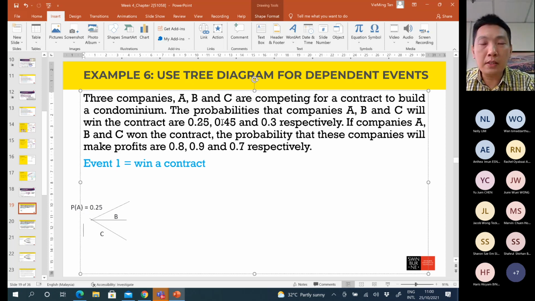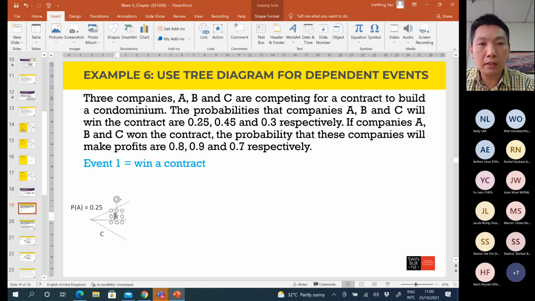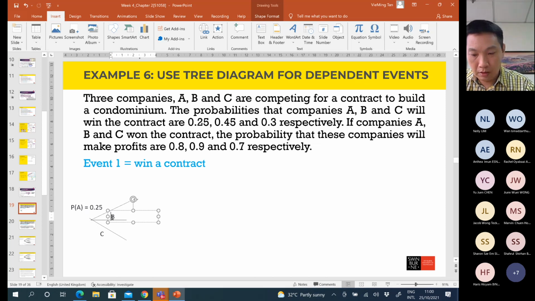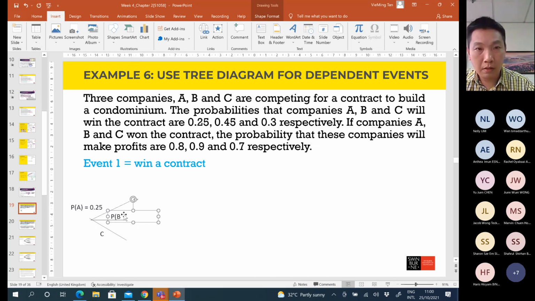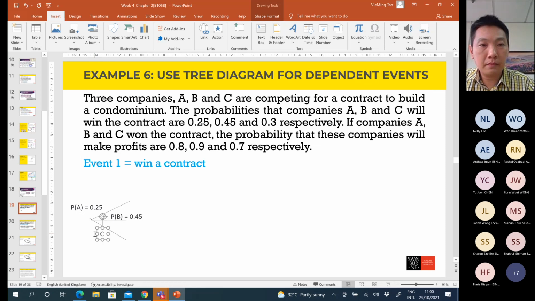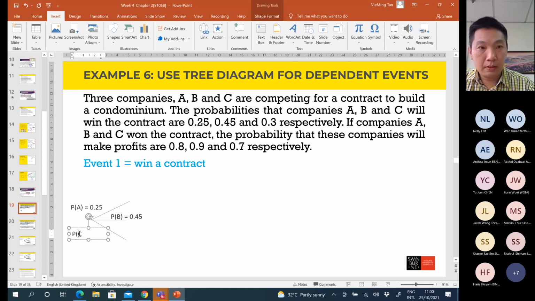And then P(B) is 0.45. The chance for company B to win the contract is 0.45. P(C) is 0.3.